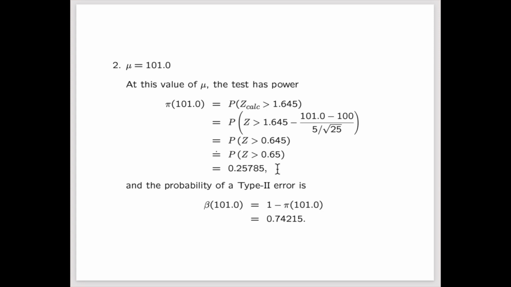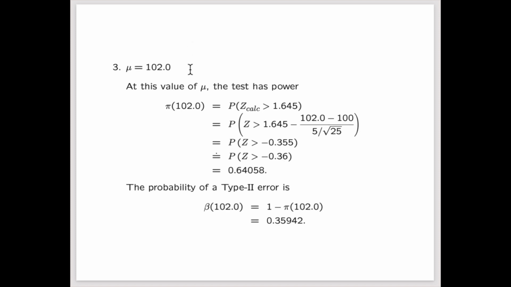And corresponding to that power of 0.25785, we subtract that from 1 to get the operating characteristic function, which is the probability of a type 2 error when mu is equal to 101, and that is equal to 0.74215. And so there's about a 74.2% chance that the sample that we would obtain would not lead us to reject the null hypothesis.